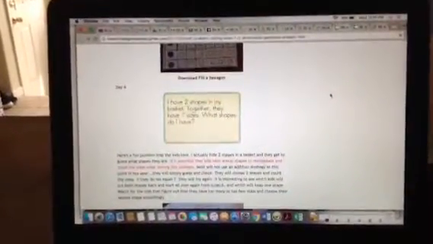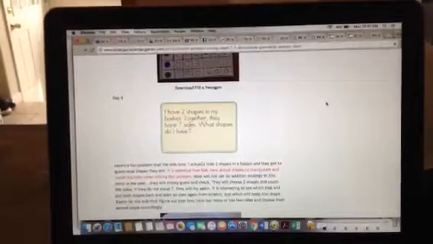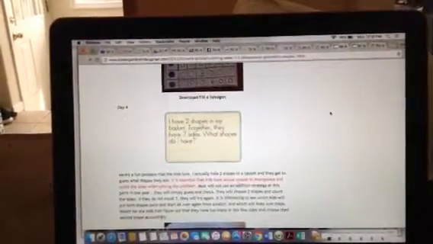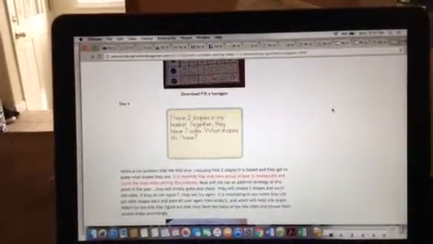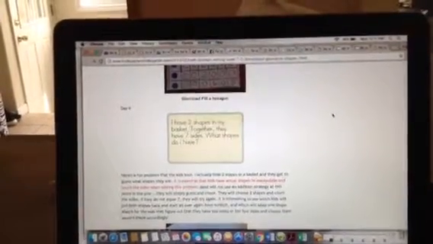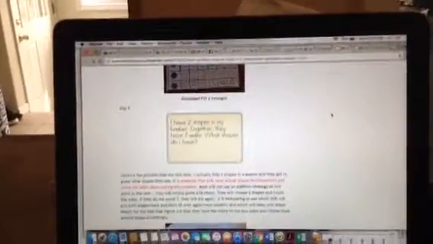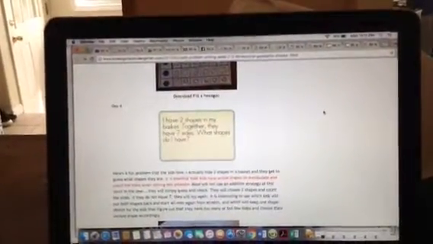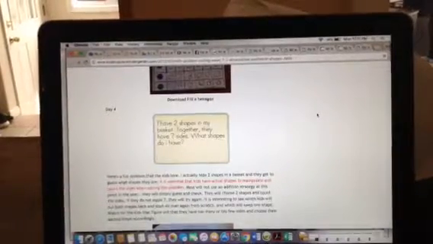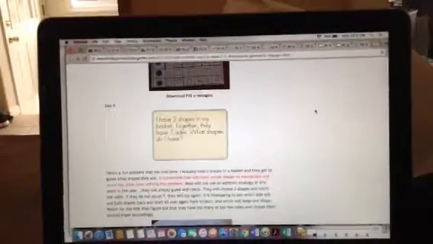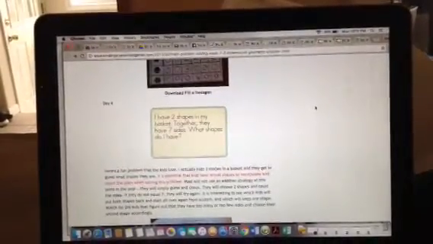having a couple shapes in a bag, telling them how many sides the shapes have altogether, and then having them decide what shapes you have in the bag. It's just getting them to think critically about things, using the shapes themselves, and using paper and pencil to draw it out and explain their reasoning.